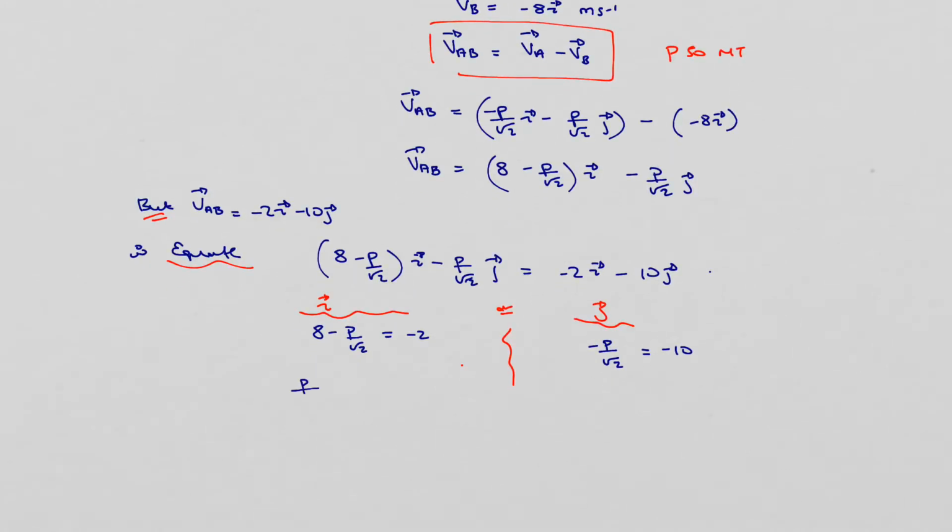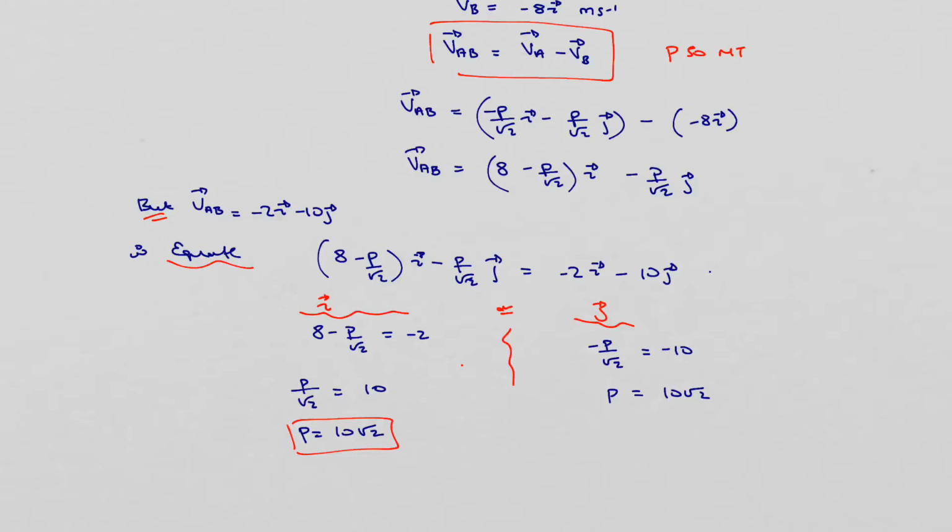So in other words, I have p over root 2 is equal to 10, and therefore p would be equal to 10 root 2, and the same here, p is equal to 10 root 2. So it doesn't matter which way I use. So I only had to find p for part 1. So now we know what p is.